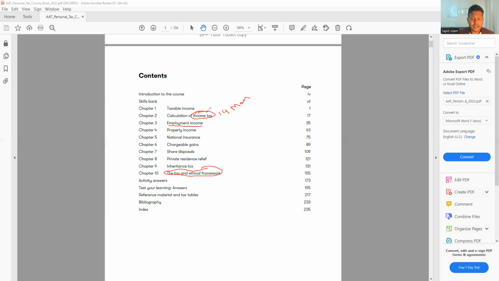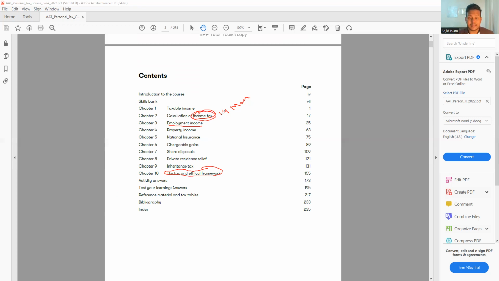Under income tax, we're going to see how to calculate income tax. Now, an individual person has two types of income: savings income and non-savings income. You need to know the difference between these two. Savings income means only the money you receive from interest, let's say you deposit some money, or from an ISA, or from a bond, or if you give some money to someone and receive interest.